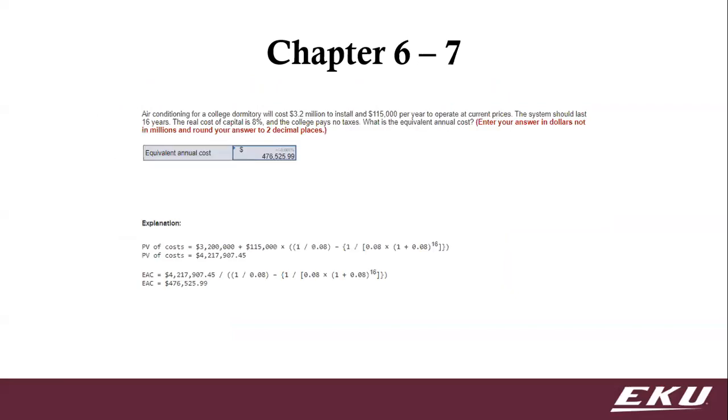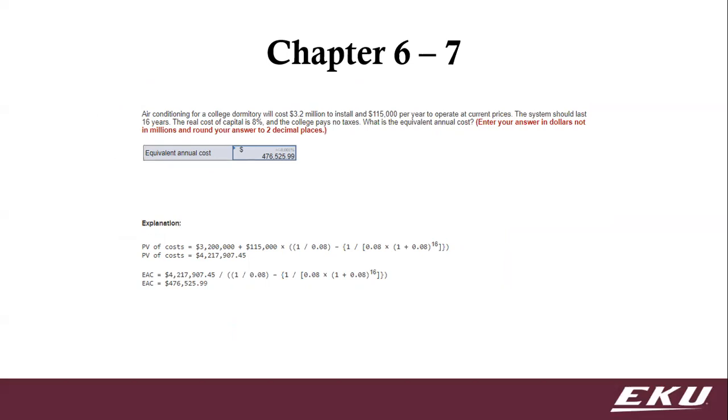So let's see. Air conditioning for a college dorm is 3.2 million to install, and then this is the operating cost. It should last 16 years. Our cost of capital is 8%. We don't pay taxes, right? Because it's a nonprofit. And then what is the annual cost? Right. And so the present value, we're going to pay 3.2 million.